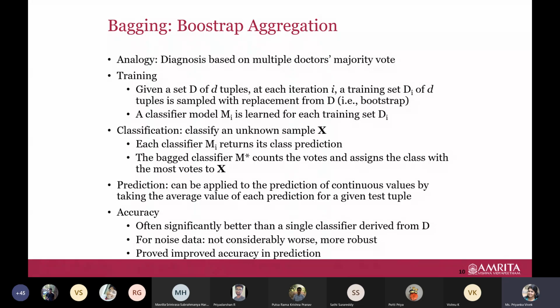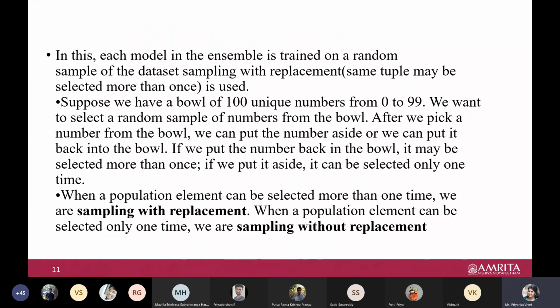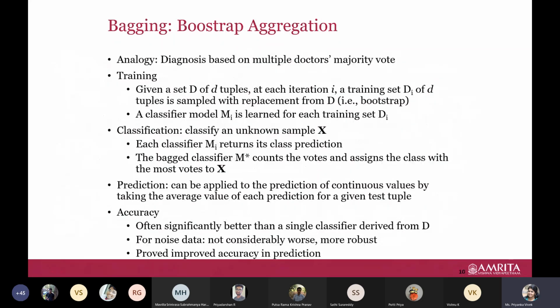I think we discussed replacement. When you take a sample from a data set, say 10 samples, you then replace them back and again take 10 samples. Of course, what you have taken previously might get selected again. That possibility is there when we talk about sampling with replacement. So D tuples is sampled with replacement.